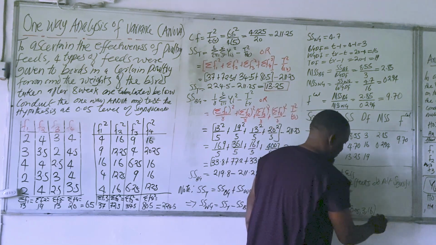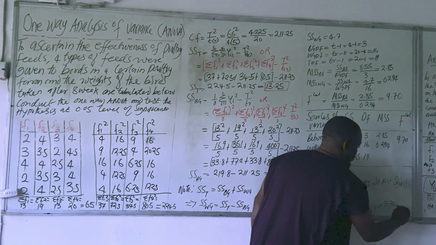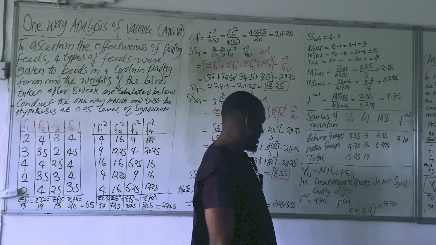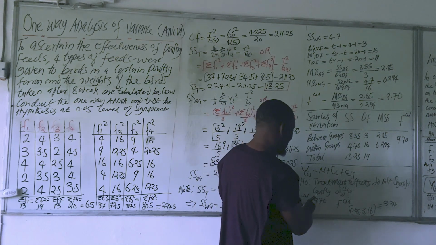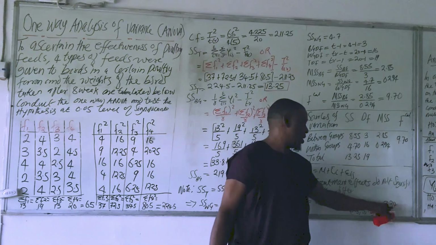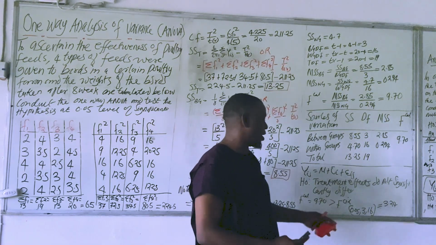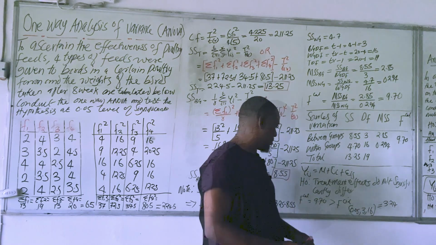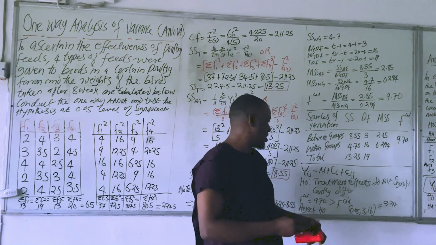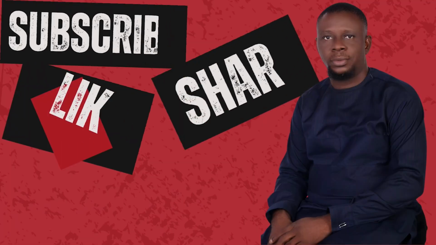And what do you have? That is equal to 3.24. Okay. So if we've done that, you can see that the calculated F, which is 9.7, is greater than the tabulated F, which is 3.24. Because the calculated is greater than tabulated, we are going to do what? Reject the null. So when you reject H0, you are invariably saying that treatment effects differ.